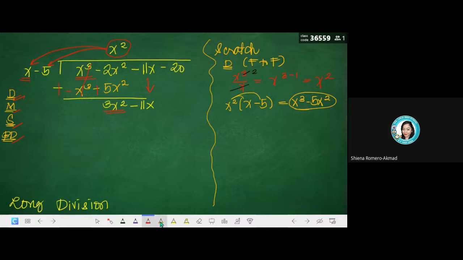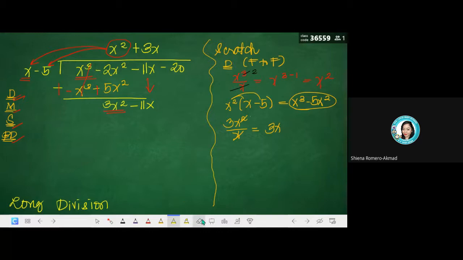So, we have 3x squared divided by x. So, if you divide that by x, cancel na to. Ito, mababawasan ng isa. So, 1 na lang yan. Ibig sabihin, 3x na lang. So, you will write 3x here. Since it is positive, that's plus 3x.